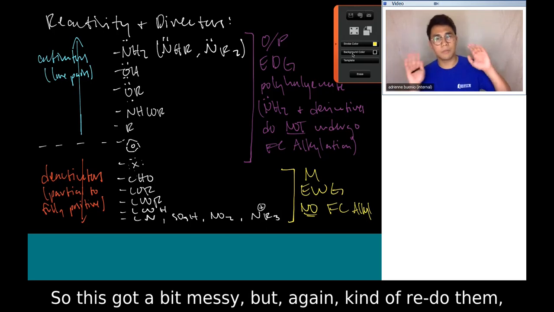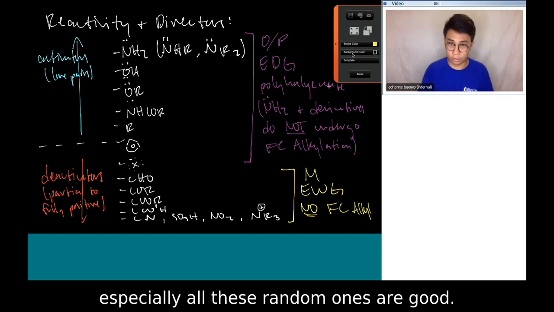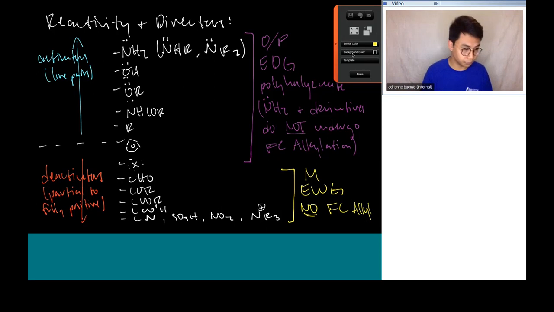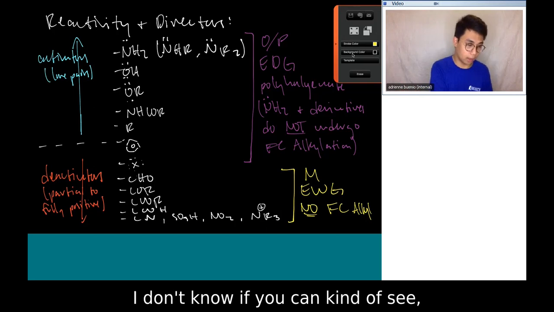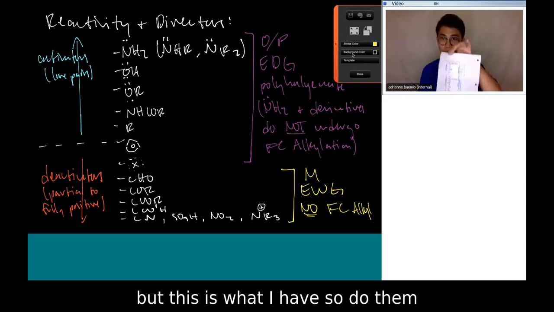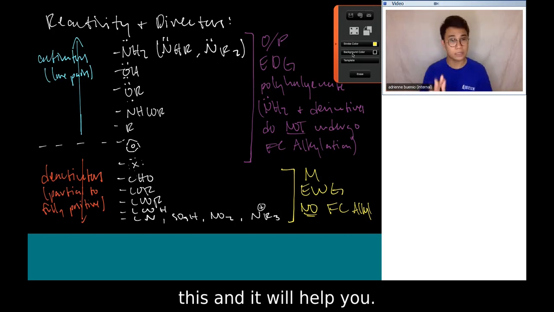So this is kind of a bit messy, but again, I'll redo them. But all the information here is good, especially all these random ones. So yeah, this is what I have. I don't know if you can see, but this is what I have. So do them with colors, things like that. But yeah, definitely memorize this, and it will help you.